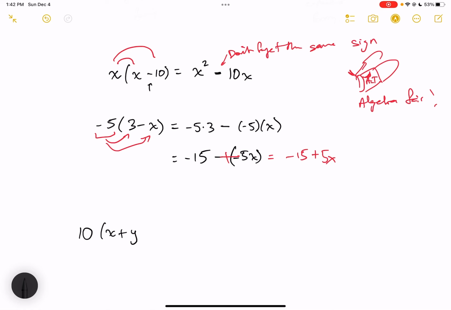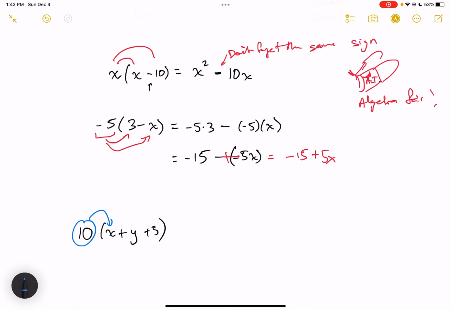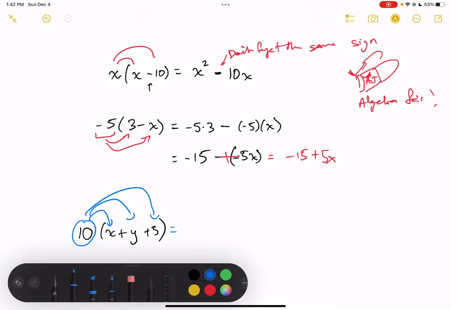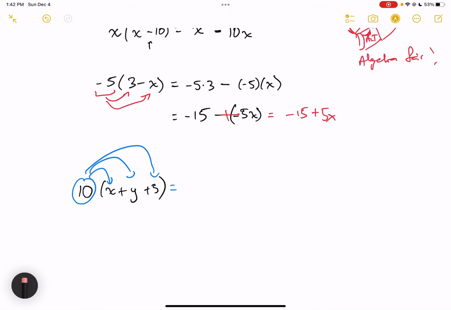The most important thing, though, is that our outside number will break and enter for every term on the inside individually. So here, we'll do 10 times x, then 10 times y, then 10 times 5. So here will be 10x plus 10y plus 50. All the pluses preserved.